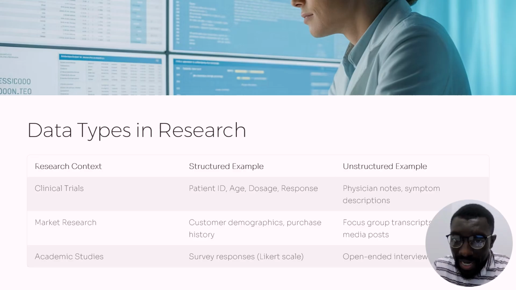The unstructured example would be physician notes and symptom descriptions. Another example, in market research: customer demographics and purchase history are structured. On the unstructured side, we have focus group transcriptions and media posts. And for academic studies, we have surveys for the structured example and open-ended interviews for the unstructured example.